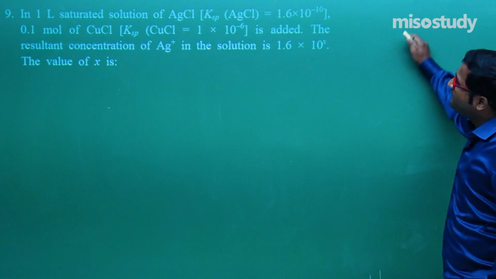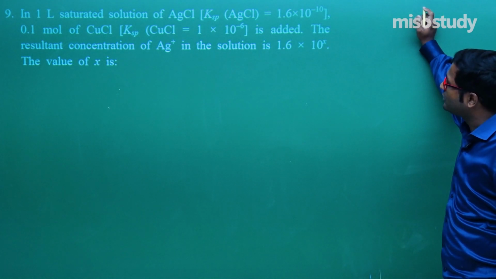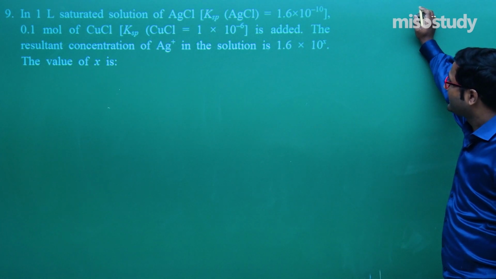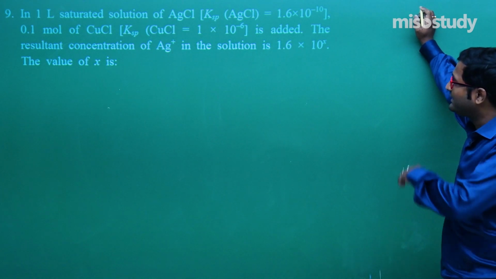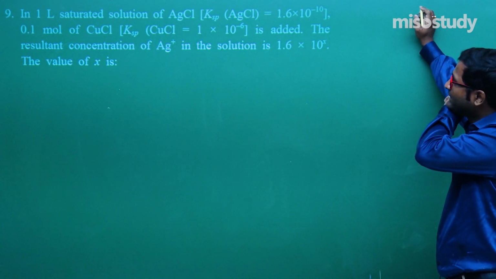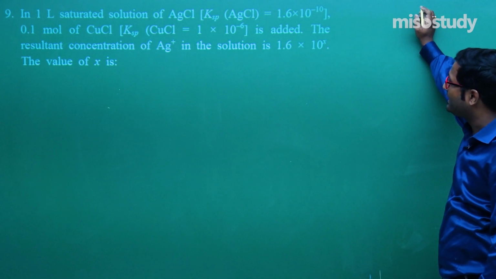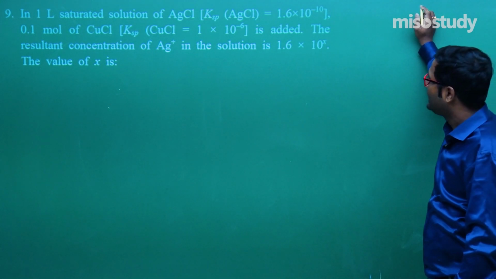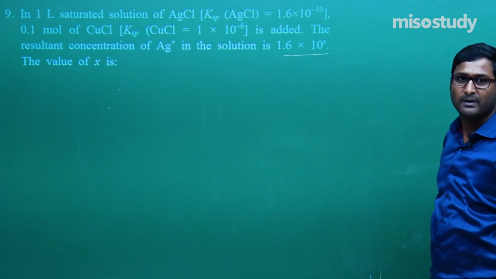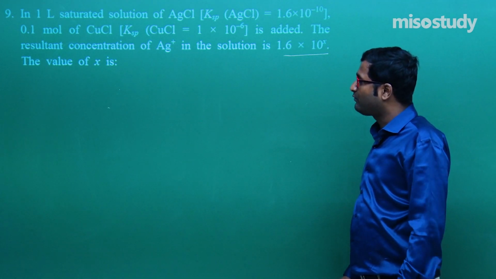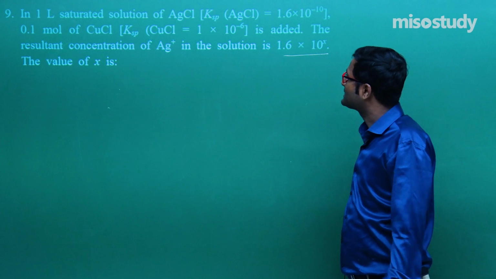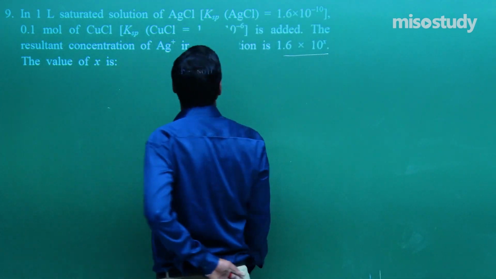If in a 1 liter saturated solution of AgCl, that is simultaneous solubility with a common ion, the resultant concentration of Ag+ in the solution is 1.6 into 10 to the power minus 7. We have to find the value of x. Clear to you? Now tell me how to solve such kind of question.